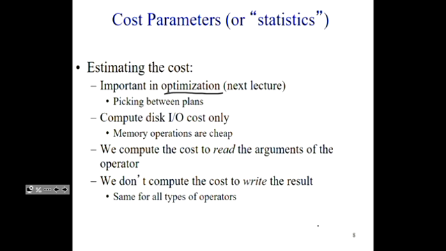In estimating the cost, what we are going to assume is to simply compute the disk I/O requirements. The input-output to disk is all that we are going to be focusing on. We are not going to be focusing on the memory computation complexity, because often the disk is the bottleneck.